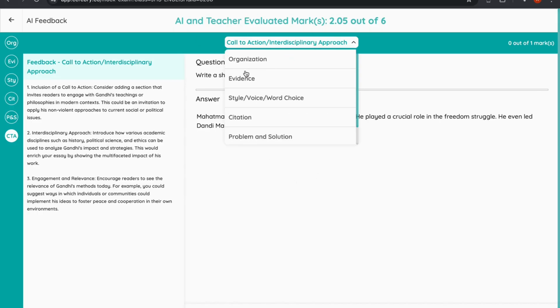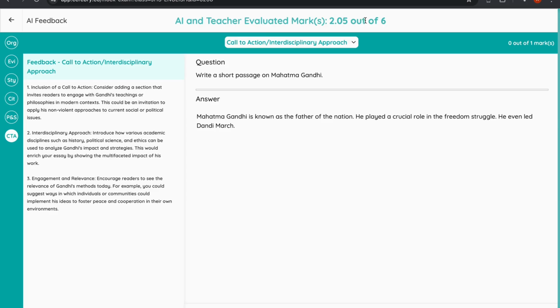Based on the above rubric, the AI has evaluated and given me 2.05 out of 6 marks.